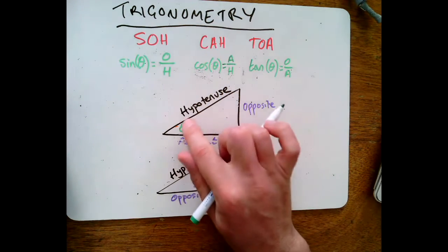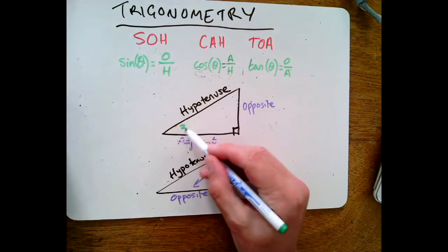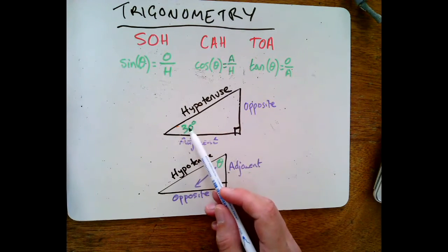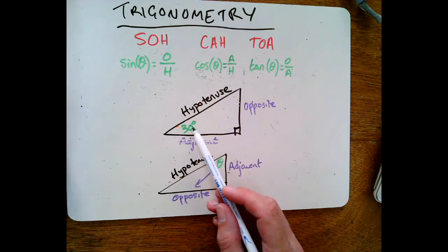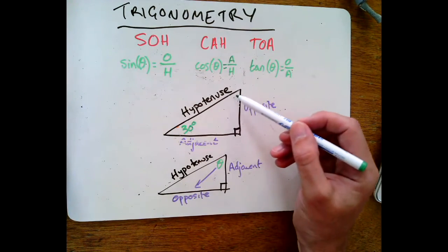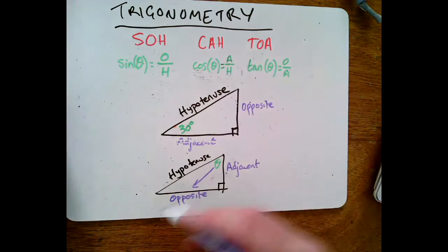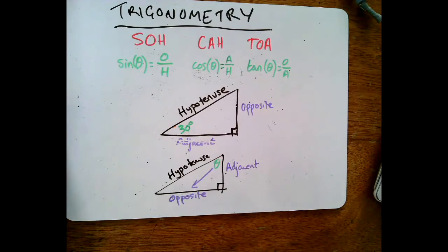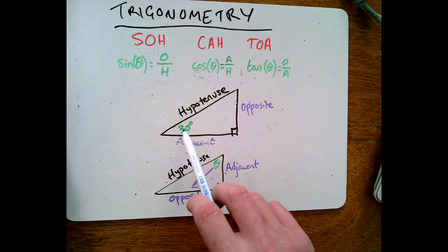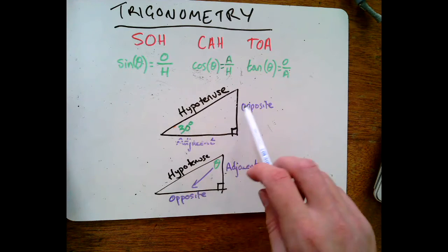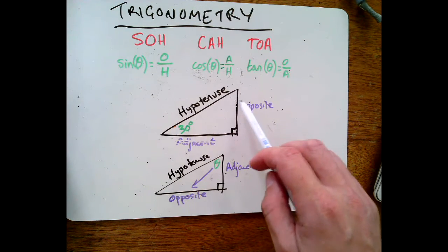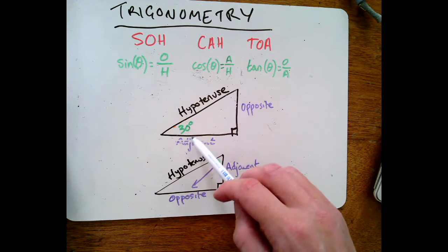We might have an angle there of 30 degrees. So I know if this angle is 30 degrees, then this angle has to be 60, okay? So that's going to be the biggest side. Now, if I know that the smaller angle is going to be across from the smaller side, the bigger angle is going to be across from the bigger side.